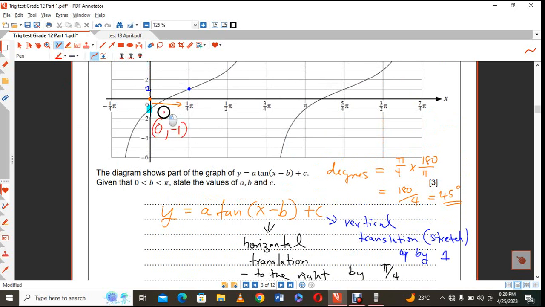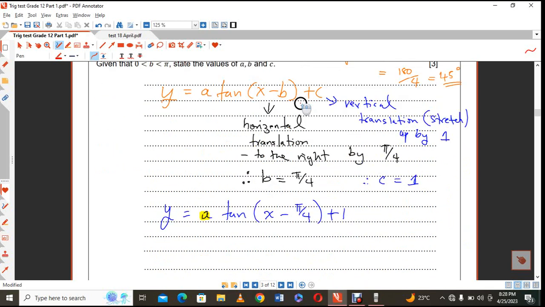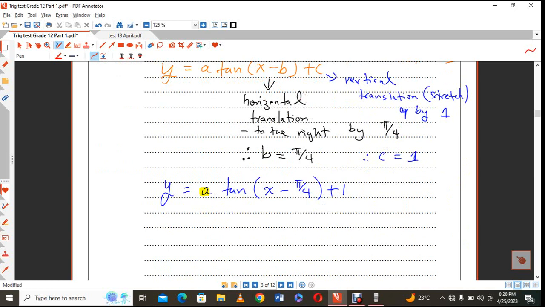Can you see that? That's that point here. You could have used any other point on that graph in order to find the value of a, but I'm going to use (0, -1). It's much easier, and I'm going to substitute that point into the graph to find the value of a.